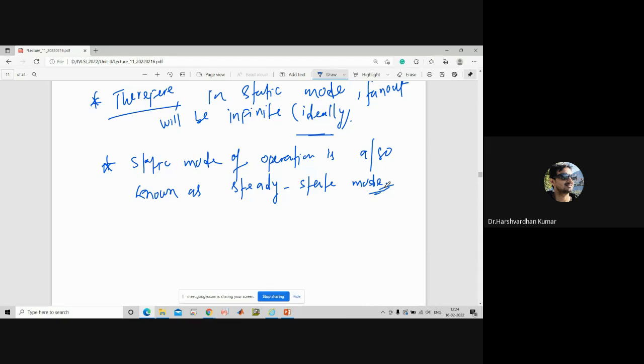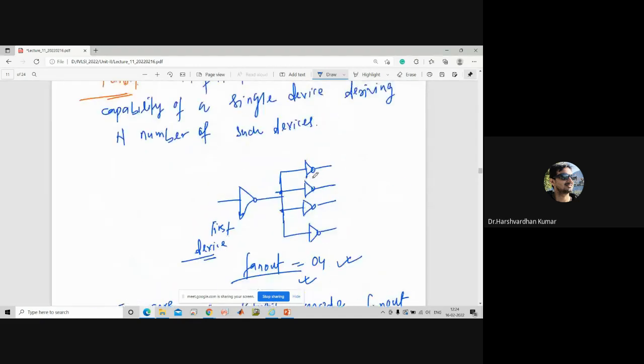Let us say if your fan out is high, then at this node you will see a large number of capacitors, because for each device there will be a capacitor. So to charge or discharge larger capacitance, you require a large amount of time.